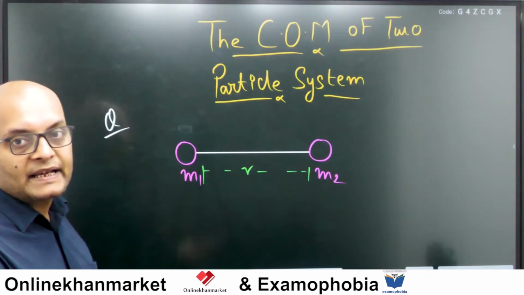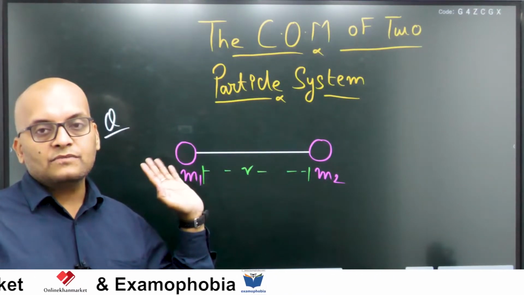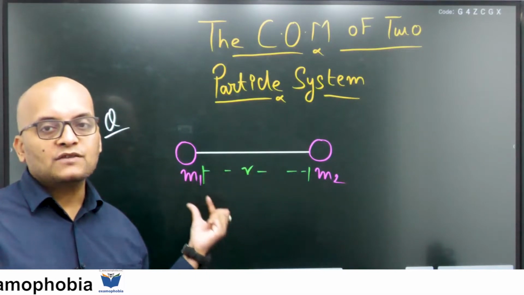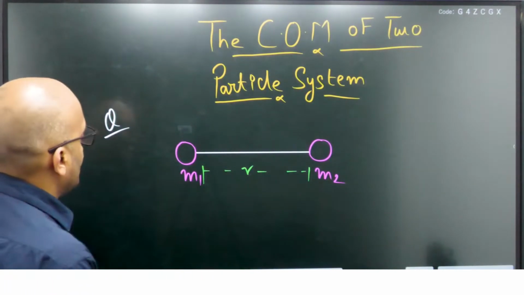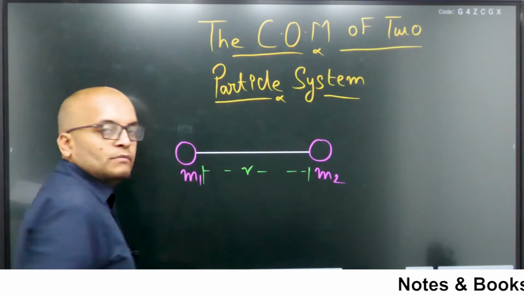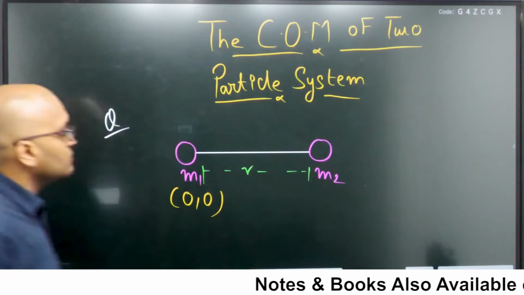No coordinates of m1 and m2 are given. So we can simply assume any one of the masses, whatever is feasible for us, to be located at the origin. Let me assume this m1 to be located at the origin. So its coordinates will be 0, 0.